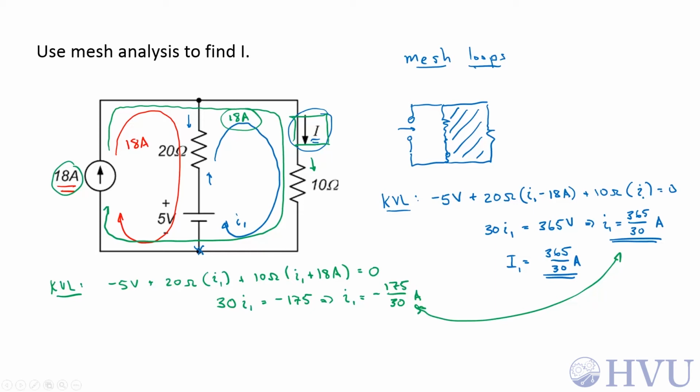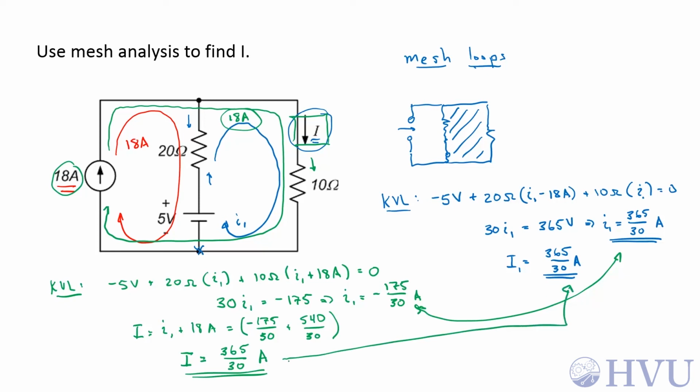I have to take that into account when I find I. So now I is going to be I1 plus 18 amps, which is minus 175 over 30. 18 times 30 is 540. So now my current I is 540 minus 175, which is 365 over 30 amps. And the actual physical current is the same regardless of how I define my constrained loops.